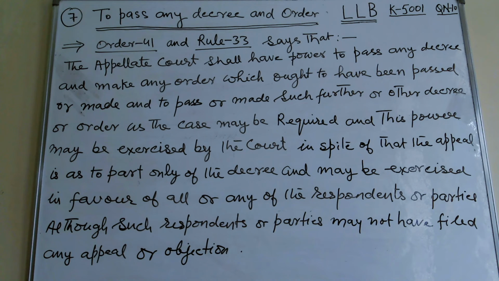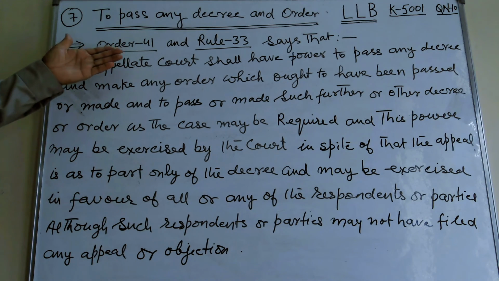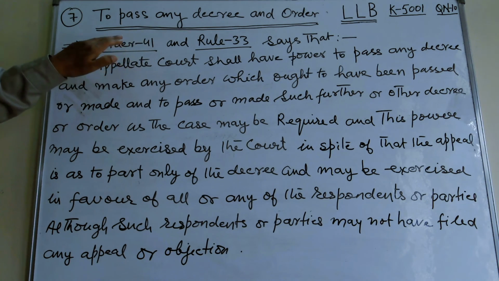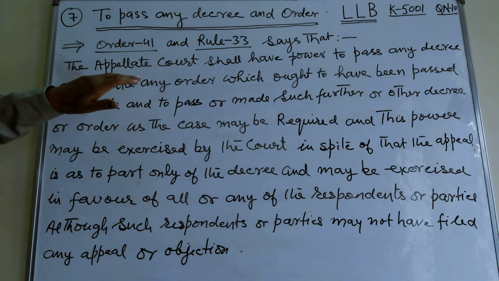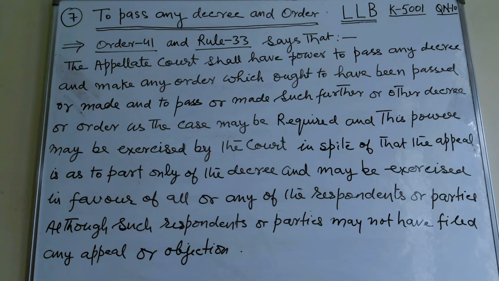Order 41 Rule 33 says that under this power, the appellate court shall have power to pass any decree and make any order which ought to have been passed or made, and to pass or make such further or other decree or order as the case may require.